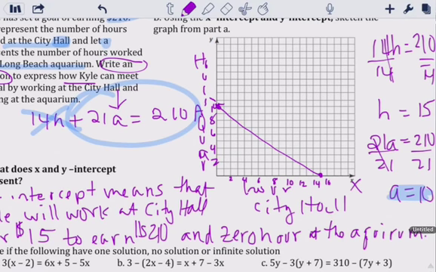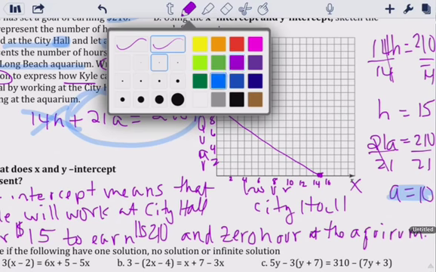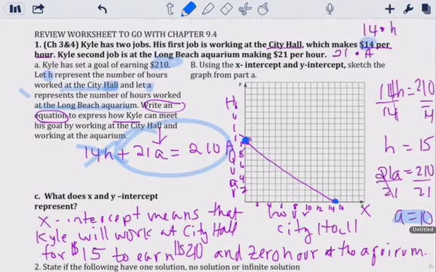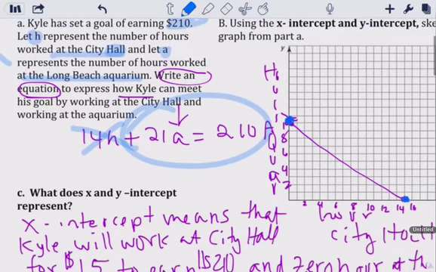And all these are numbers in between. I should have you interpret this graph, but anyways. That's working 10 hours at the aquarium, and 0 hours at the City Hall.